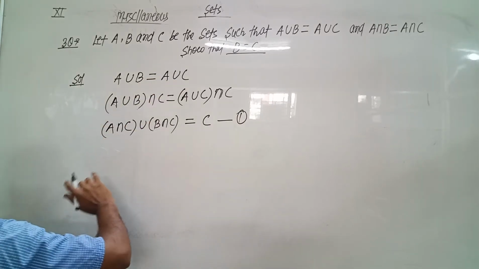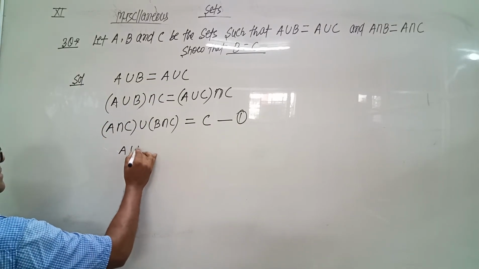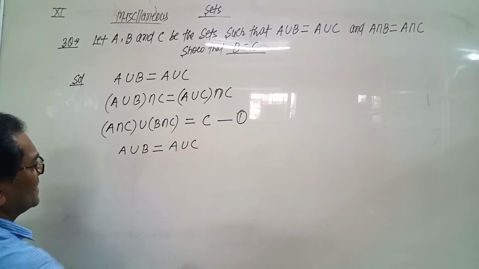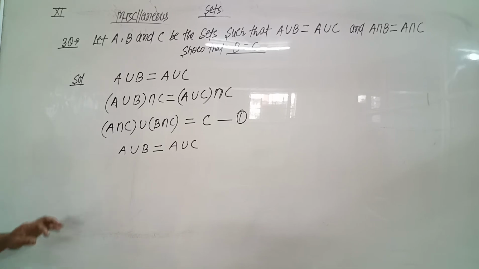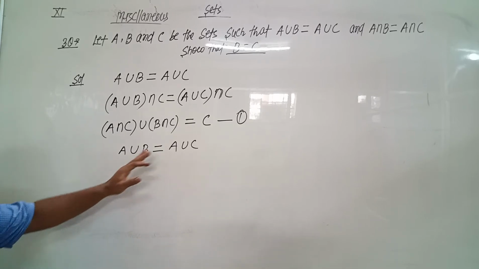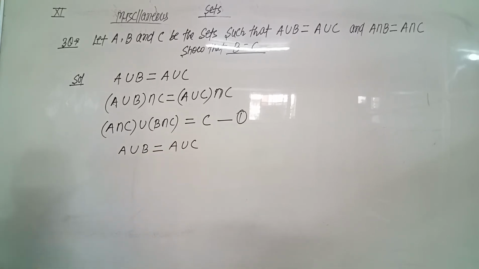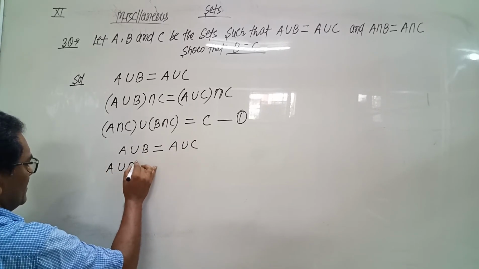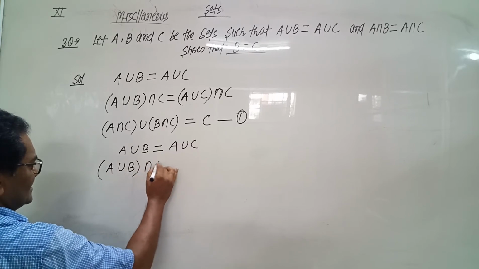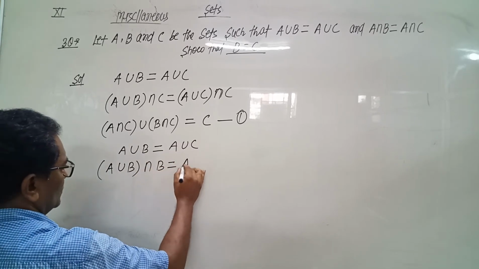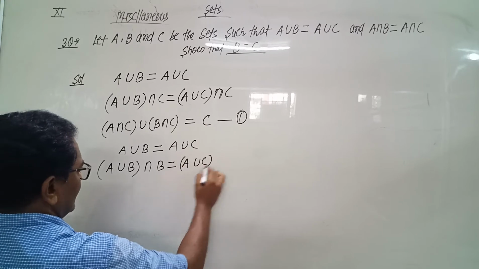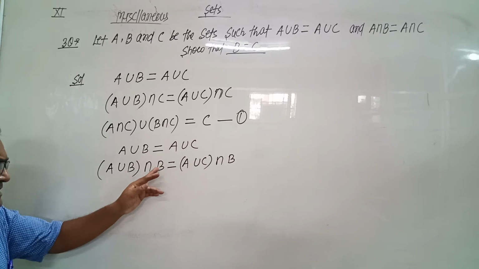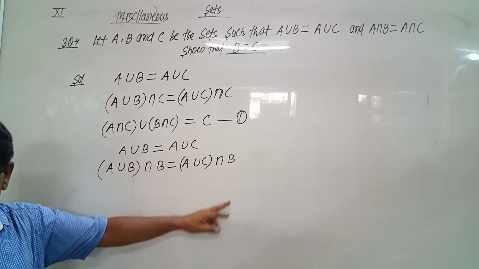Again write A union B equals A union C, and introduce intersection B on both sides. So we can write (A union B) intersection B equals (A union C) intersection B.